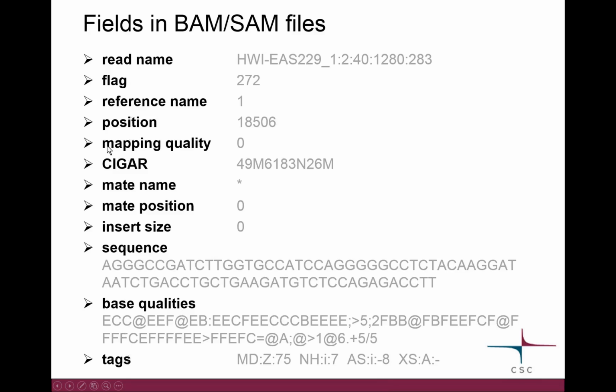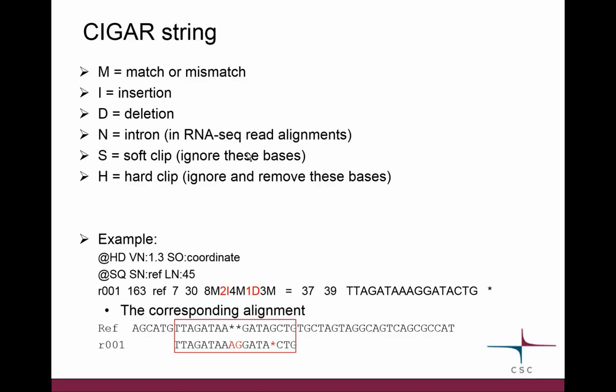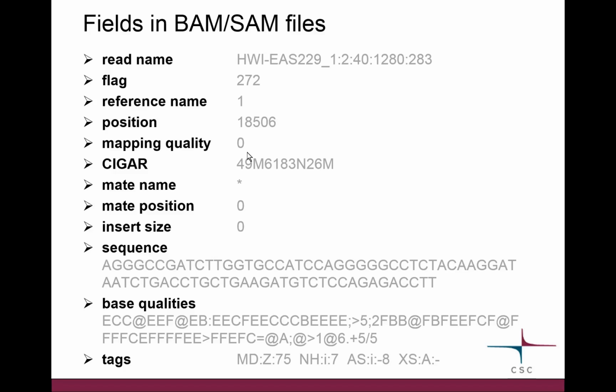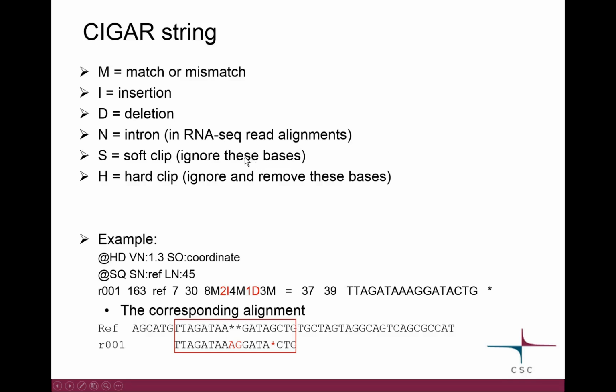There are lots of fields and they always come in this same order. So if you want to know the mapping quality, for example, you will see that it's the 5th field on each line. There's also this thing called CIGAR, which may sound a bit strange. It certainly looks strange.